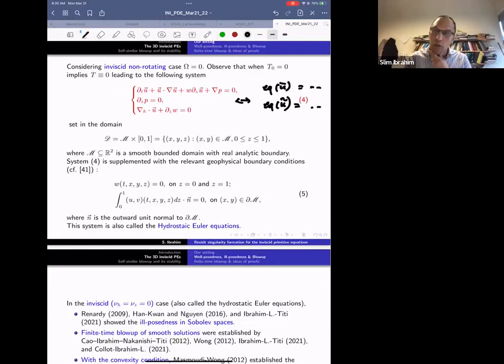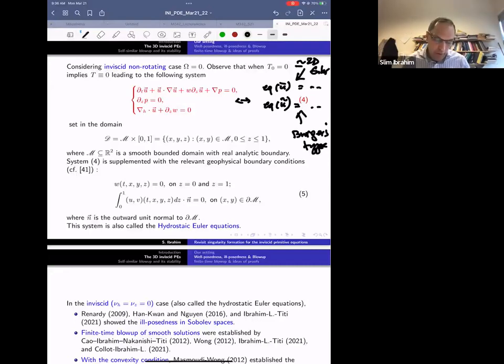And sure, these two equations are not decoupled, right? And the main observation is that this equation is basically 2D Euler, and this equation is a Burgers type equation.